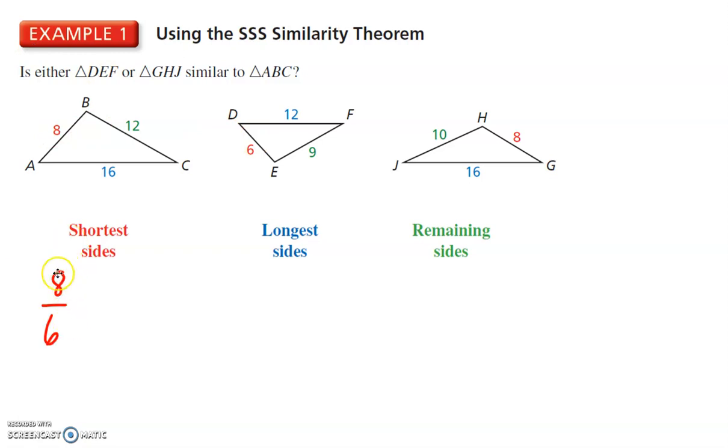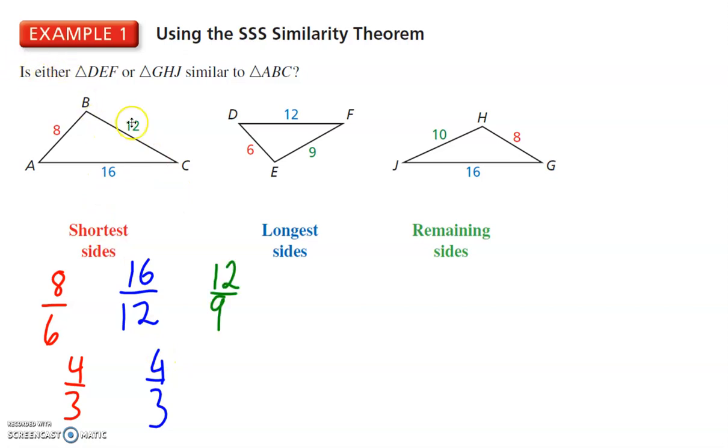So I'd set up a proportion 8 to 6, and then we can simplify that down to 4/3. Then we can look at the longest side, that's 16 to 12, and then simplify that down. That's also 4/3. Now we check the third side, that's 12 to 9. Simplify that down. Notice all of these have the same proportion.